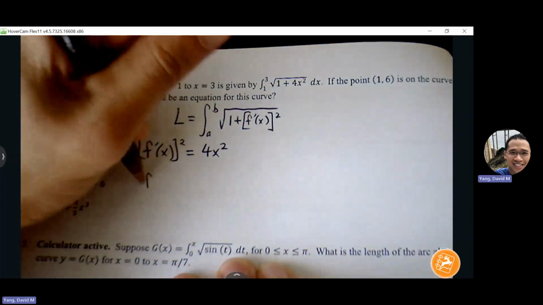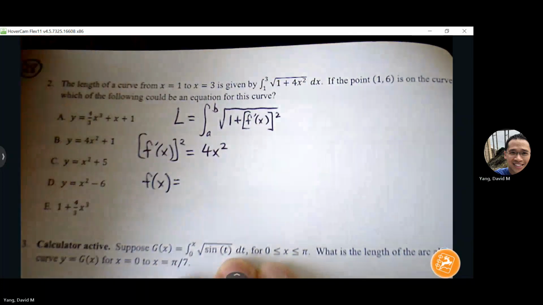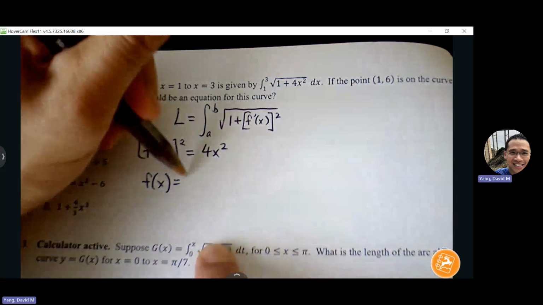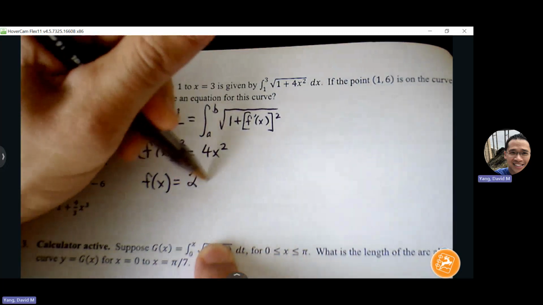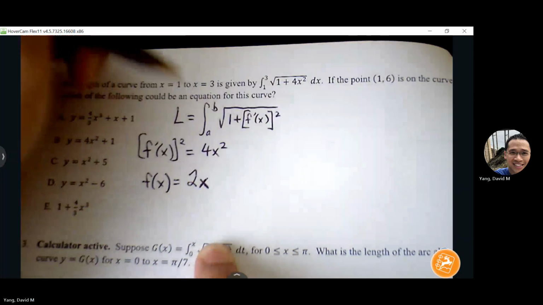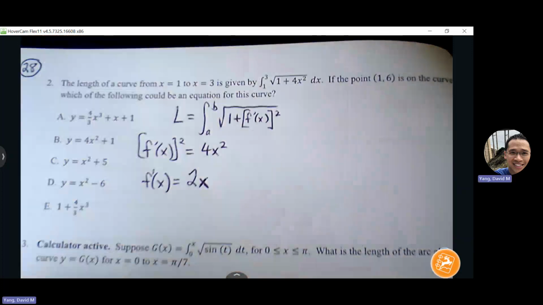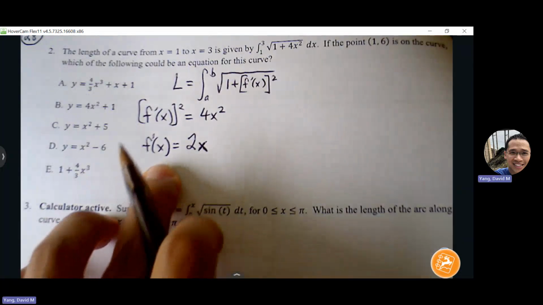Which means that f of x must be what? Right, I just take the square root of both sides. Oh, sorry, my bad. Yeah, sorry, f prime, my bad. Yeah, f prime of x is equal to 2x.